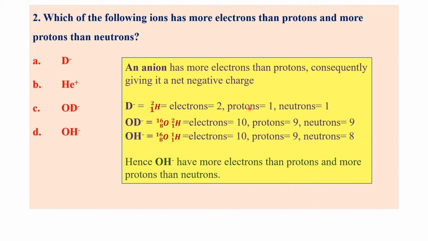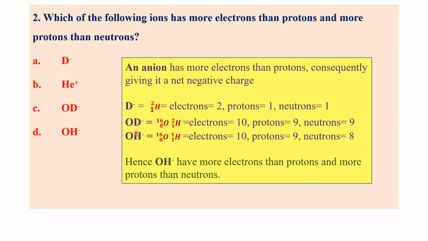The electrons are greater than the protons, but the protons are equal to the neutrons. In the question, the protons should be greater than the neutrons, so it is not the correct answer.